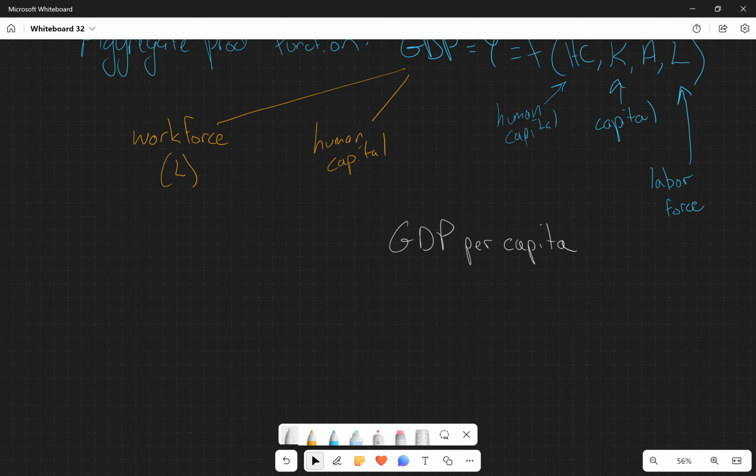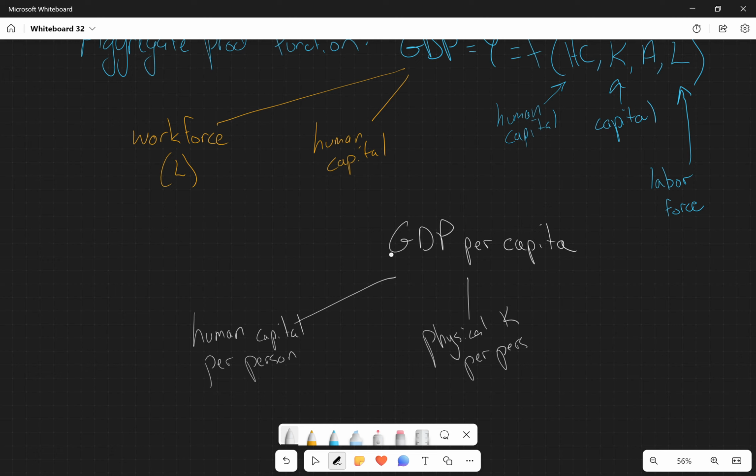And specifically, some of the things that we look at when we're looking at GDP per capita is human capital per person, physical capital per person, and then the technology, again, per person.